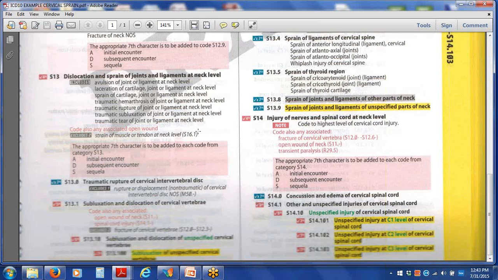You know, the cervical sprain, strain. Now sprains and strains are totally separate, and it's going to ask you, is this a sprain of a ligament or joint, or is this a sprain or strain of a muscle or tendon? So we have to know the difference. And it's telling us on the S13.4 we have to code out to the 7th digit.